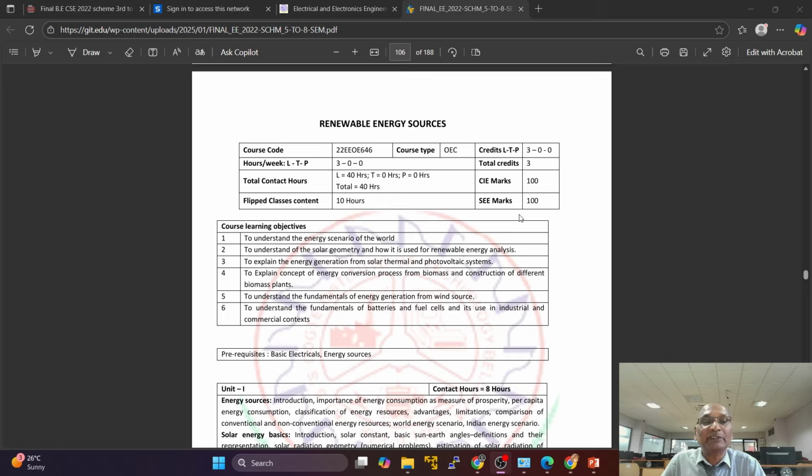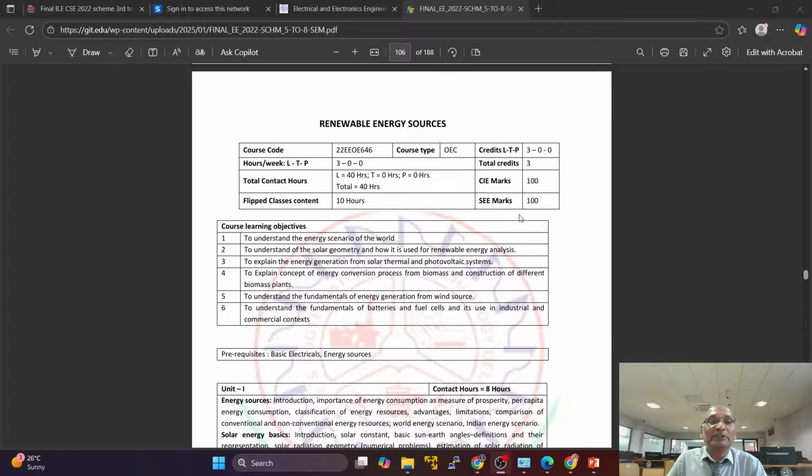You will understand their principle and working. And you will study the fundamentals of energy generation from wind source: what are the different speeds within which the windmill can generate power, and how the power varies as the wind speed changes.